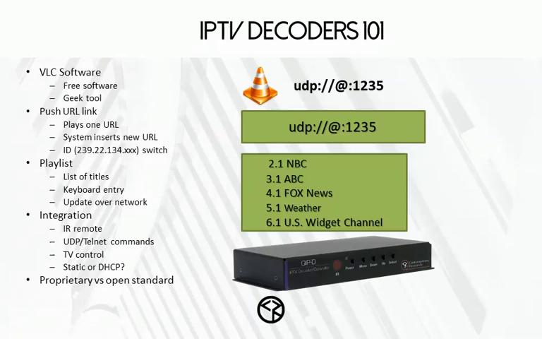The other question is, are you going to do a proprietary or open standards system? For example, if you're going to do a Crestron system, that's going to pretty much stay within the Crestron family, very often for the encoder side and also for the decoder side.